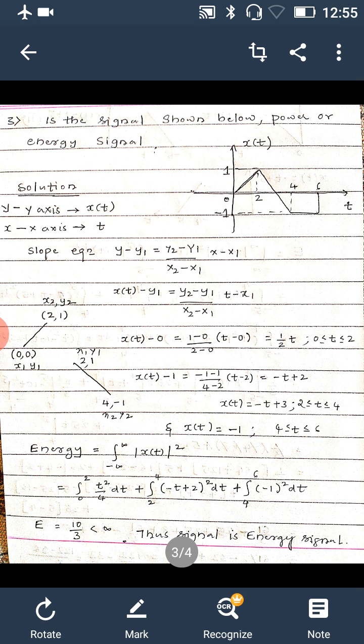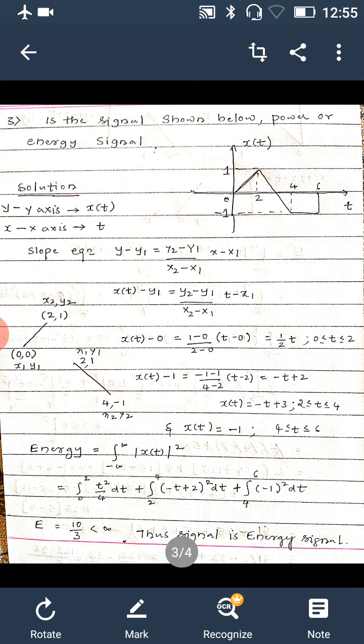And we know the slope equation, that is y minus y1 is equal to m into x minus x1, where the slope m is y2 minus y1 divided by x2 minus x1, right?